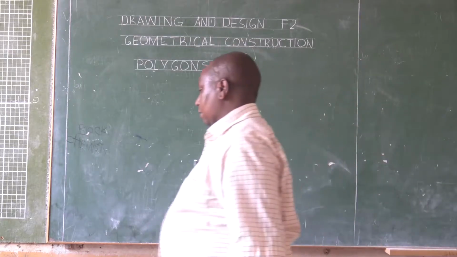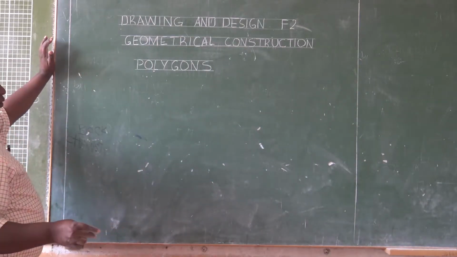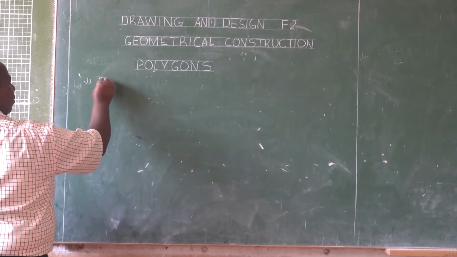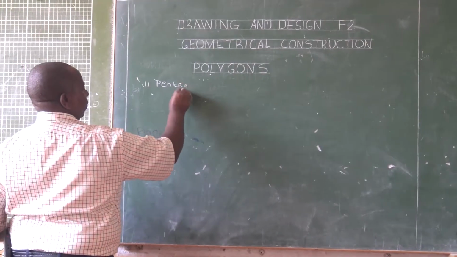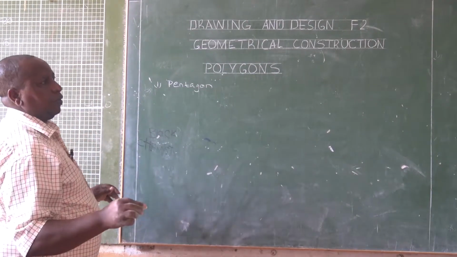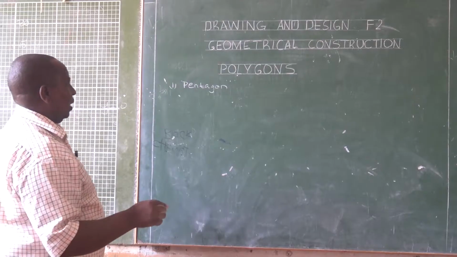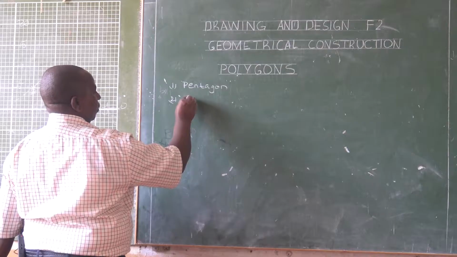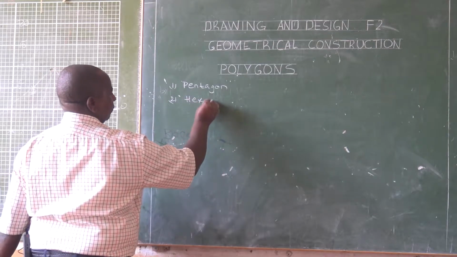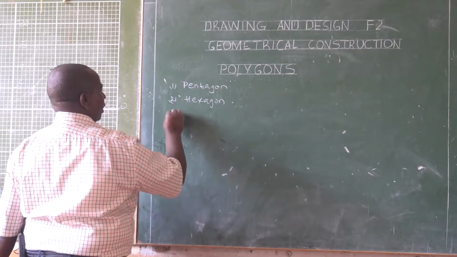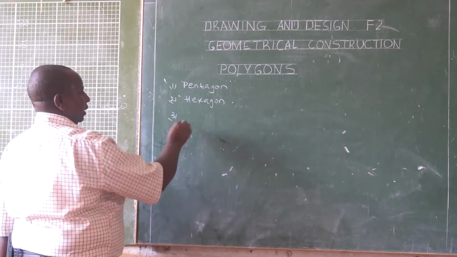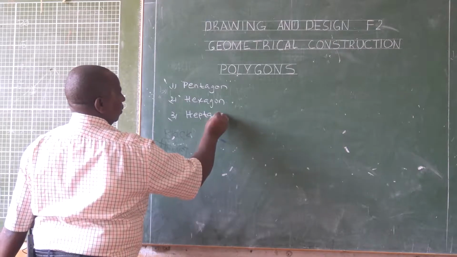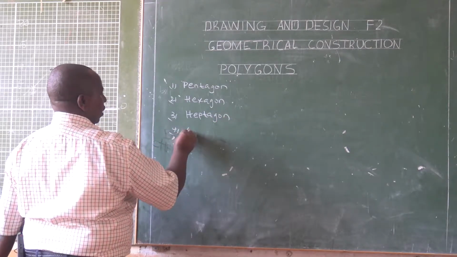Some of the polygons that we are going to study in this lesson include, one, the pentagon. Having studied the square when we were doing quadrilaterals in Form 1, we are going to start at the pentagon. Two, we are going to study the hexagon. Three, the heptagon. Then the octagon.